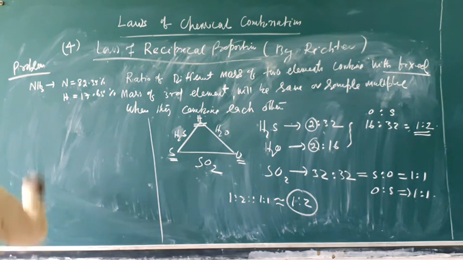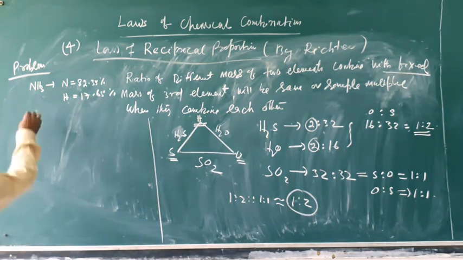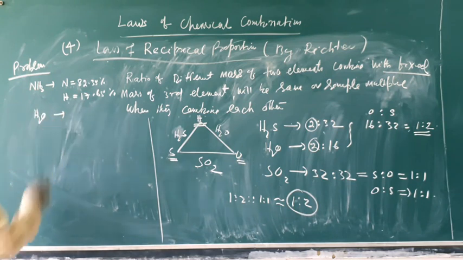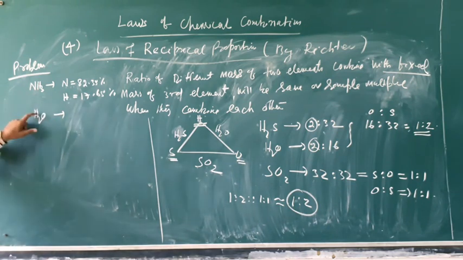Then ammonia is given. Second compound is water. Ammonia, then water. Here which is common? Hydrogen is common. One should be constant. Here hydrogen will be taken as constant.